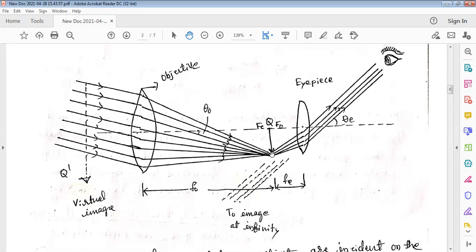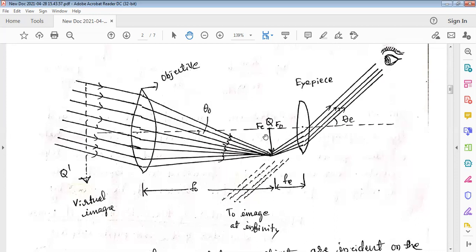Here the image is formed. So FE is the focal plane for the eyepiece. Focal plane means you think that you have placed a plane here, vertically perpendicular to the rays, like a screen. That is called the focal plane.